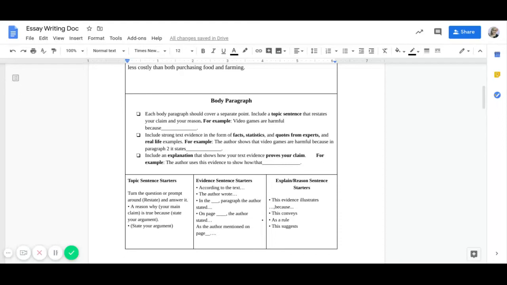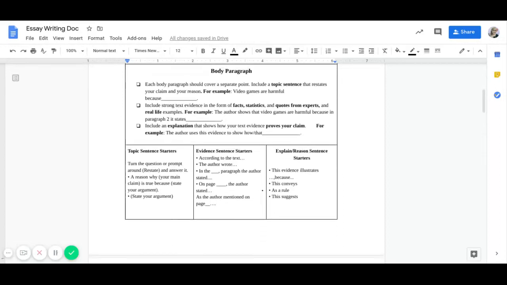You can also use a real life example. I wrote about hunter-gatherer societies being happier, and I found a quote from an expert that said that thing. And then after that, you want to include an explanation of how your text or your evidence proves that part of the claim you're making.